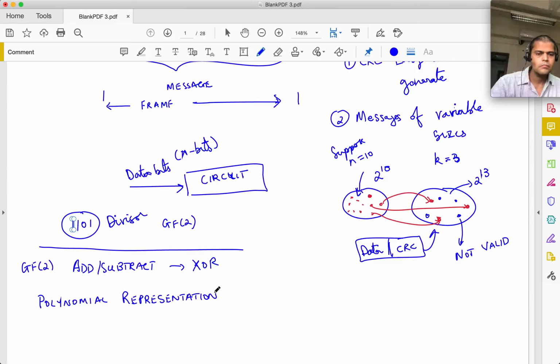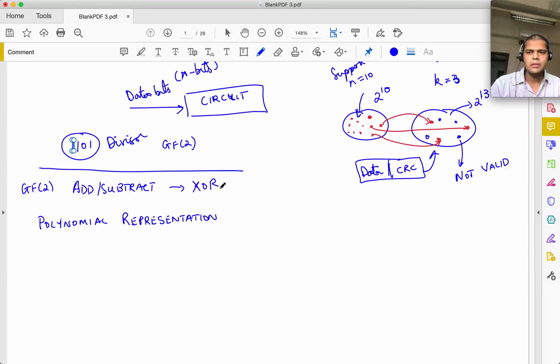So how are we going to do this? And of course, when we do multiplication and division and so on, we are going to do them using these polynomials. So what would 1101 be equal to in this polynomial representation? We're going to write this as x to the power of 0, that's 1, x to the power of 1, x square, x cube.